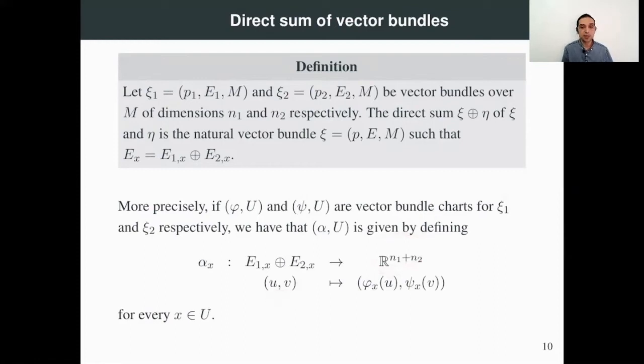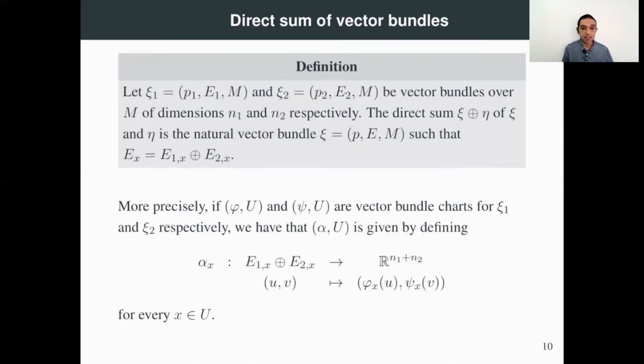You associate to a vector (u, b), where u belongs to E sub 1x and b belongs to E sub 2x, this vector over here: the image by phi x of u, which is a vector in R^n1, and the image of b by psi x, which is a vector in R^n2.